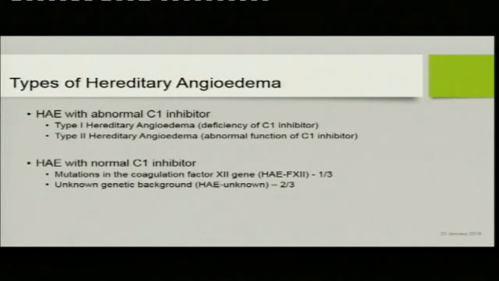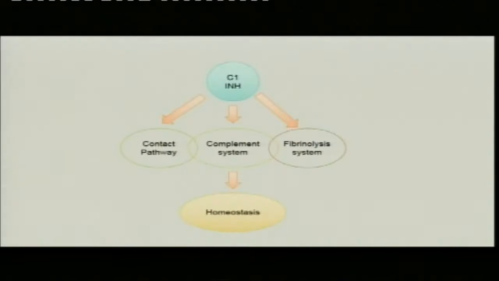But the newer one, first presented in a family in France, was related to factor 12, the Hageman factor, and that encompasses only 1/3 of hereditary angioedema with normal C1 esterase inhibitor. However, for the other 2/3, till now we don't have any genetic background.